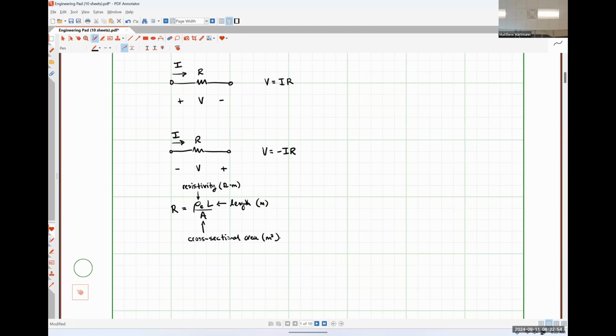So dimensionally, we can see very easily that if we have ohm meters times meters over meters squared, the output of this calculation is going to give us something in ohms, okay?